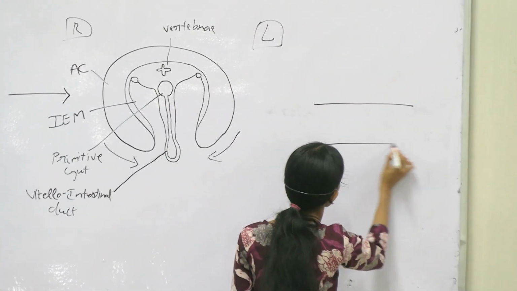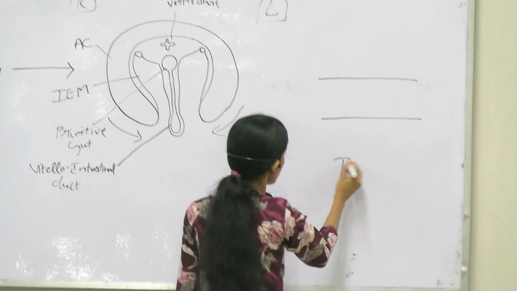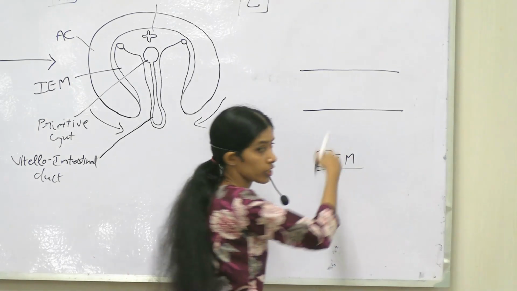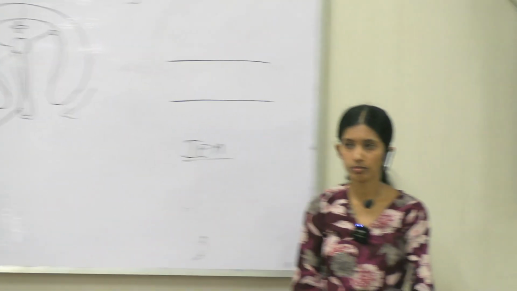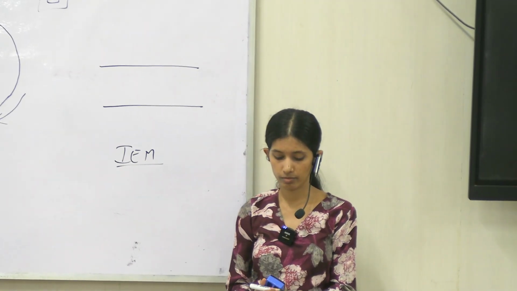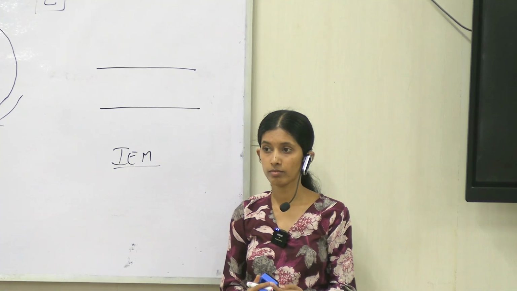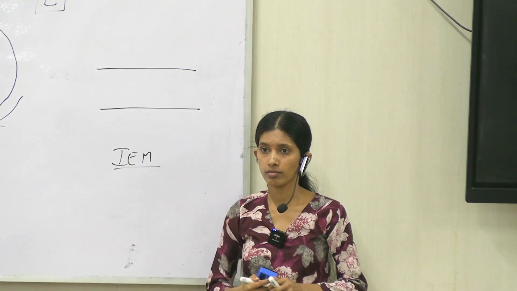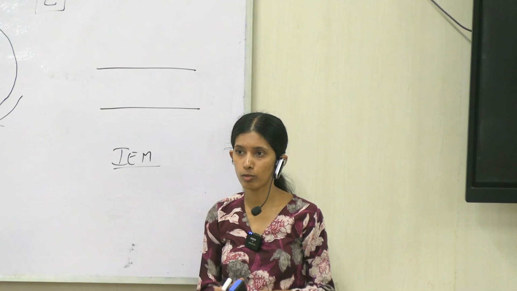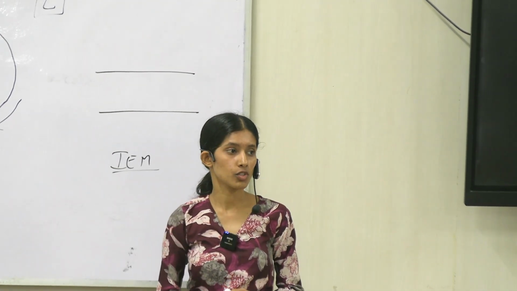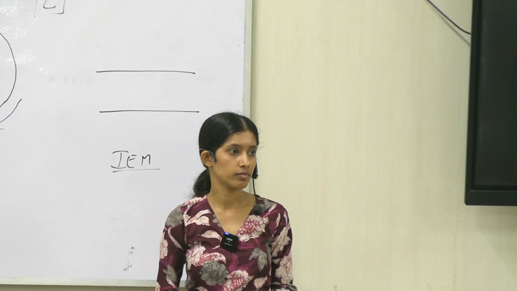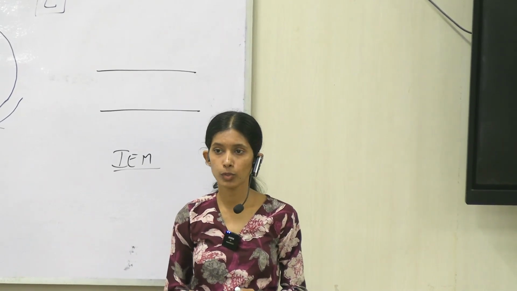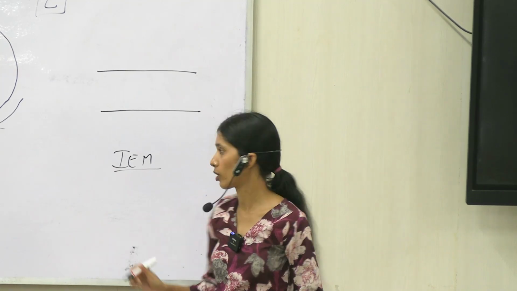This is your intraembryonic mesoderm. What are the structures we see here? In previous class itself I have mentioned. What are the structures we see in the intraembryonic mesoderm? Neural tube, notochord, very good.